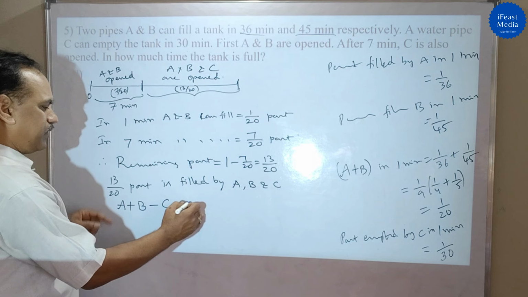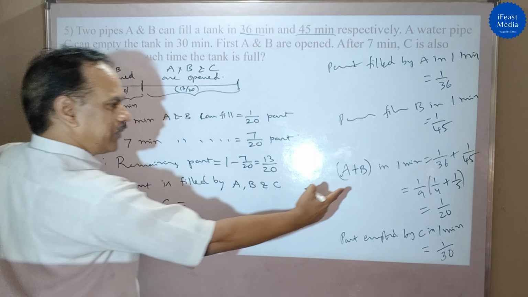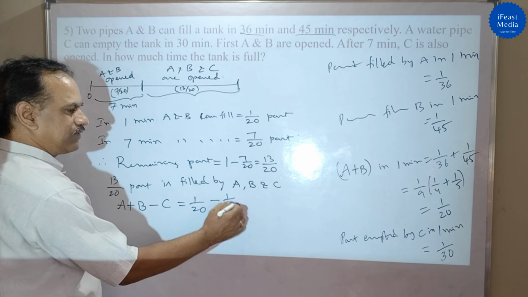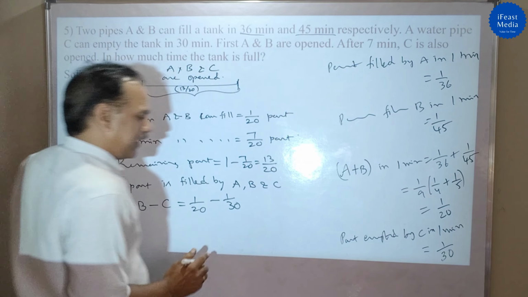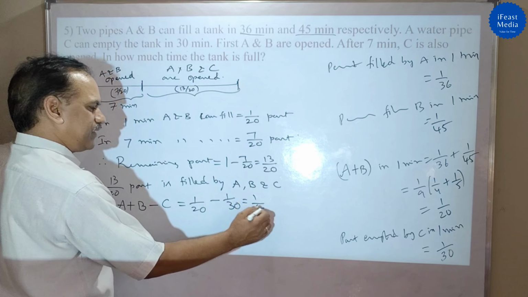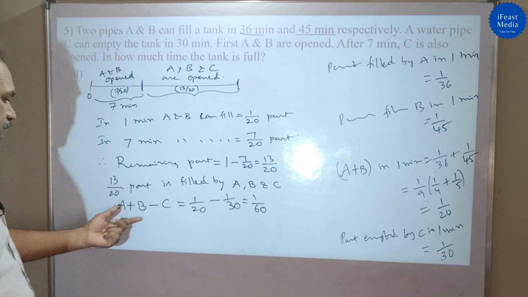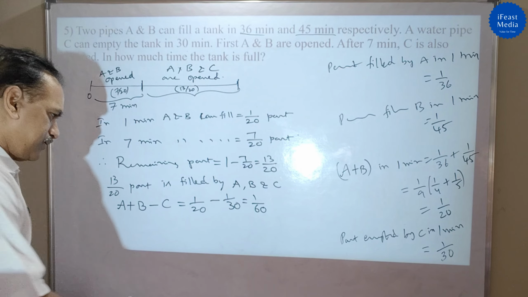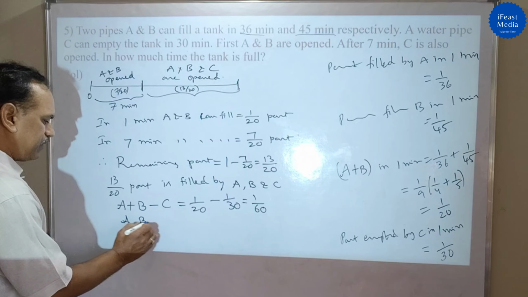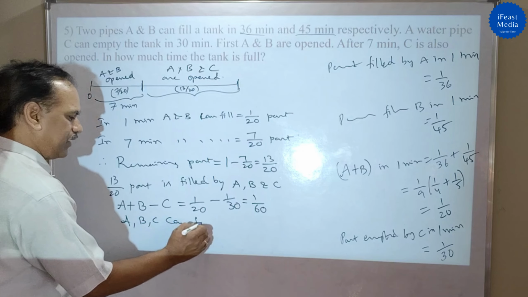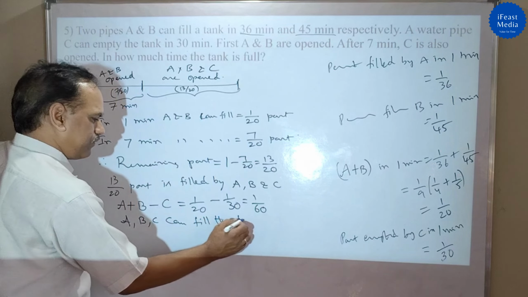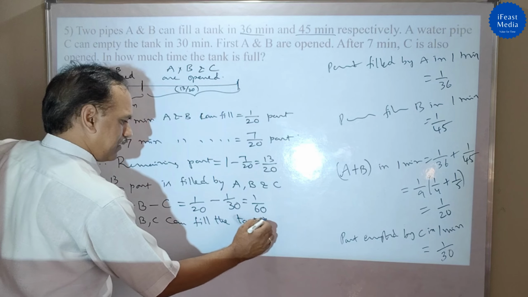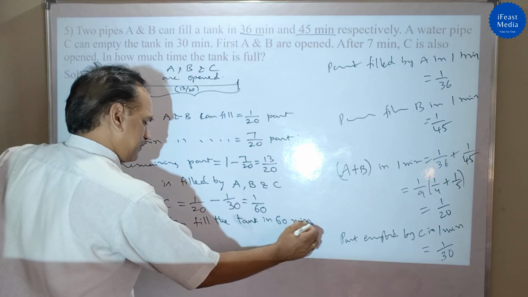So A plus B is already found to be 1 by 20, and C is 1 by 30, because in 1 minute C can empty 1 by 30 part. So this is 1 by 60, right? So A, B, C all together opened can fill the full tank or cistern in 60 minutes.